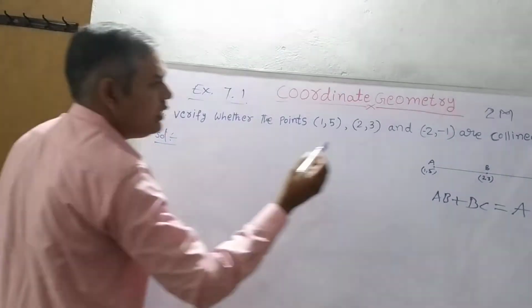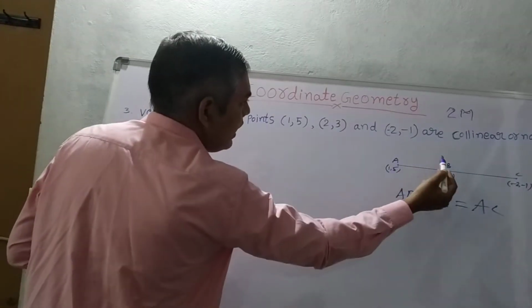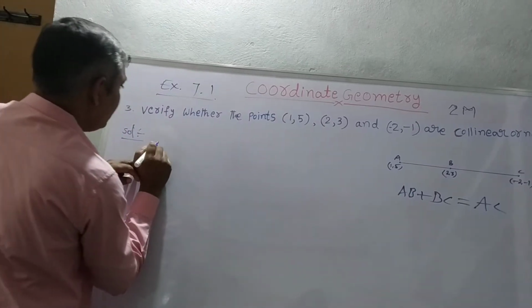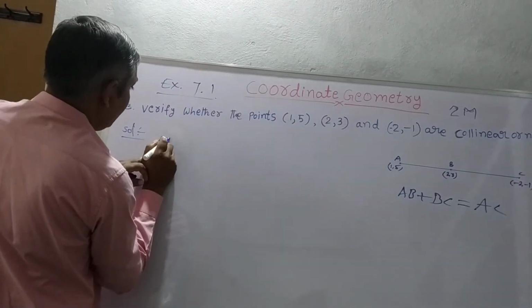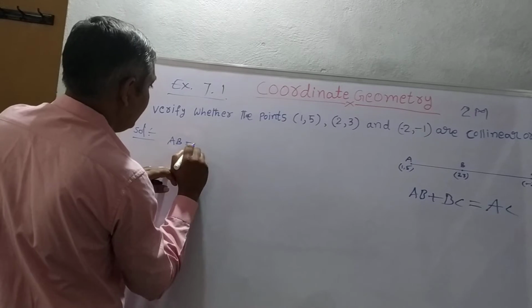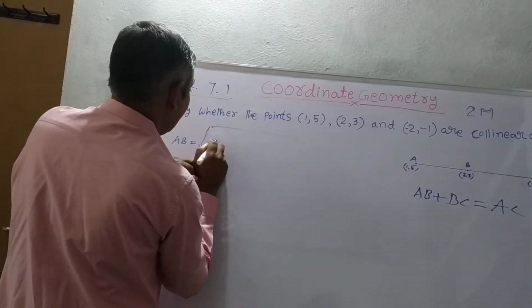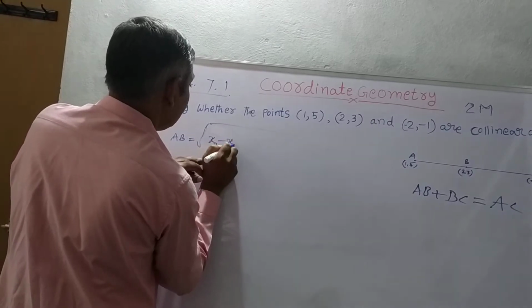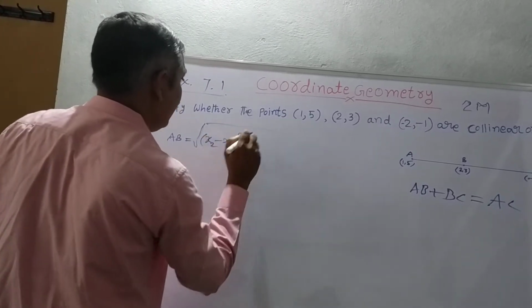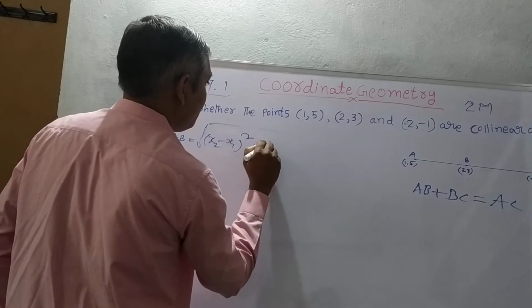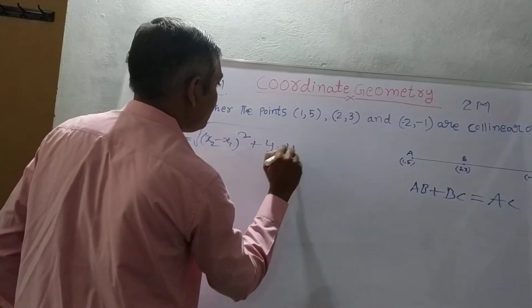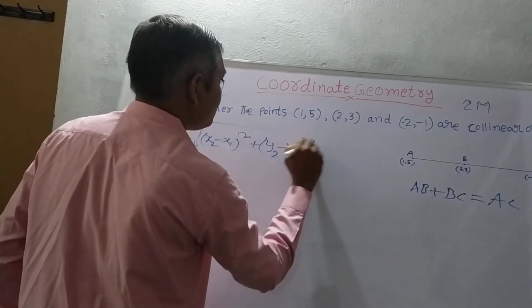First, we have to find the distance between 2 points A and B. Distance AB is equal to, formula, under root x2 minus x1 whole square plus y2 minus y1 whole square.